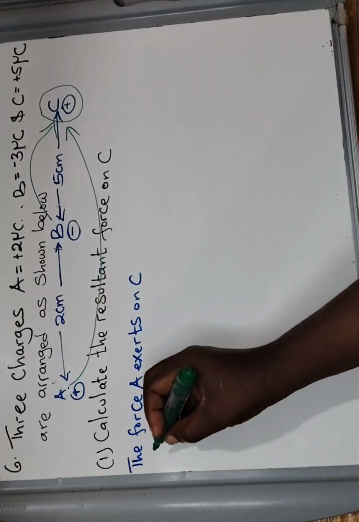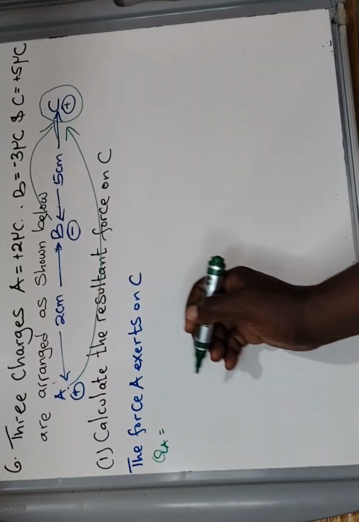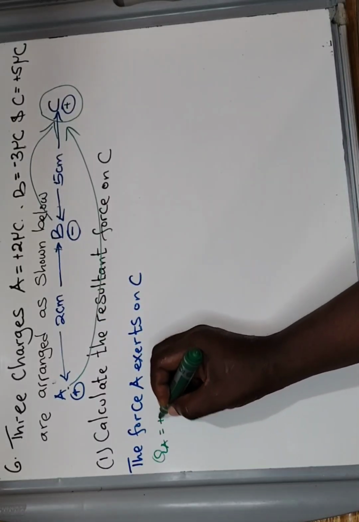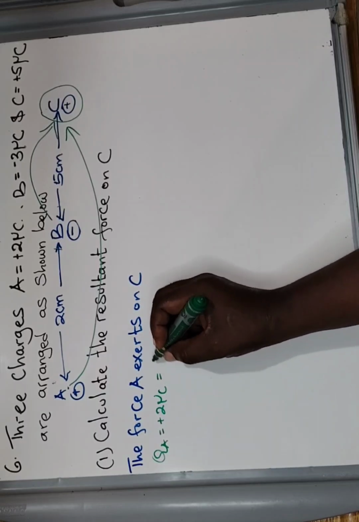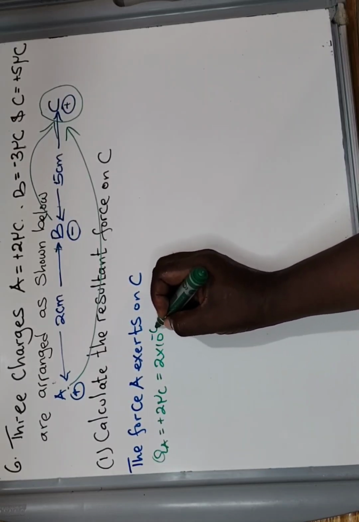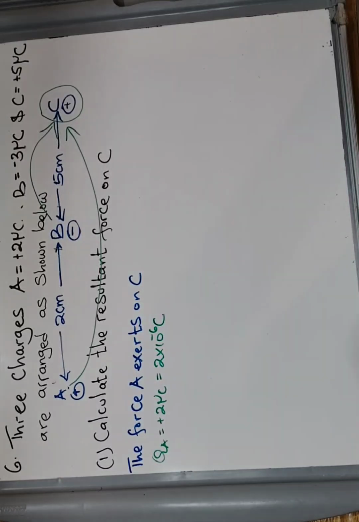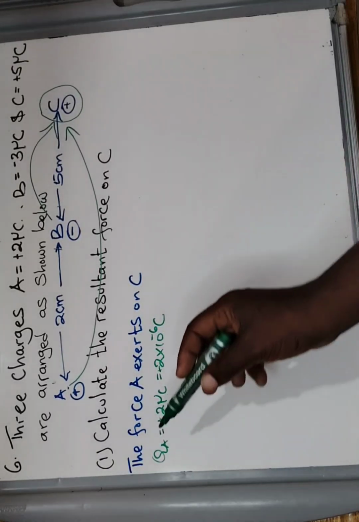Let us look at A. We have QA. And what is QA? It is plus 2 microcoulomb, which is the same as 2 times 10 power minus 6 coulomb. It's a plus. Okay, it's between A and C.